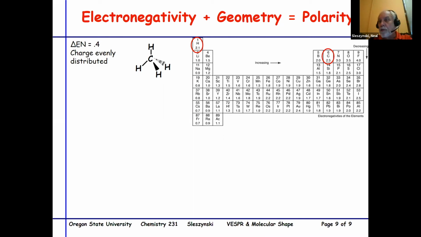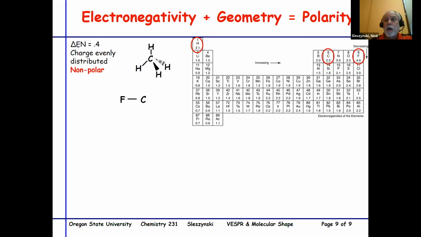That's close enough to those electrons being exactly in the middle of the bond that we judge carbon-hydrogen bonds to be nonpolar wherever we see them. Okay, nonpolar, which means we don't have a charge distribution inside of the molecule. Well, what happens if we replace one of those carbon-hydrogen bonds with a carbon-fluorine bond?